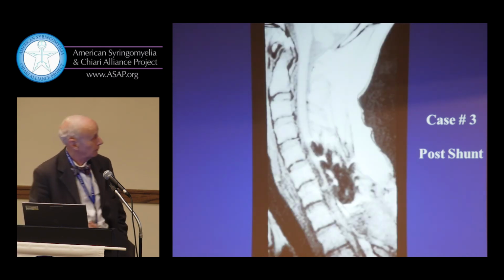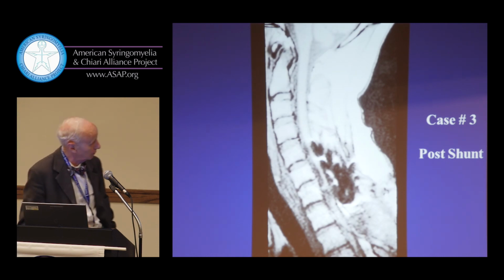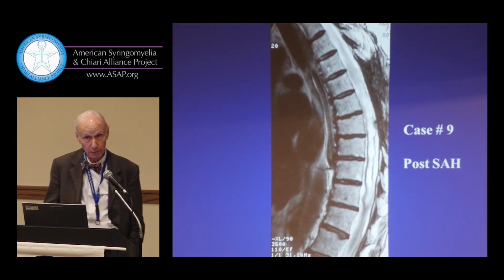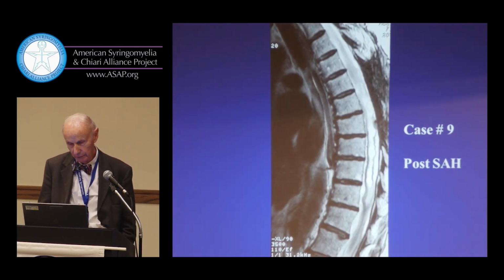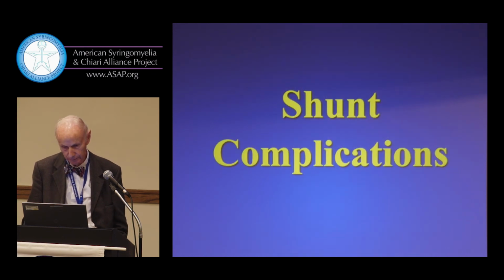And again, the syrinx is considerably smaller after shunt. You can just see the shunt tube come out there. Here is the same patient I showed before, following subarachnoid hemorrhage. In that kind of situation, we have no alternative but to shunt, at least at this time.